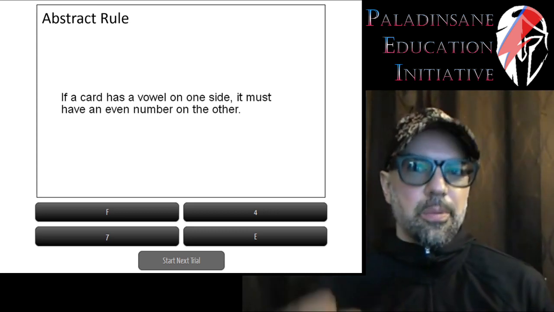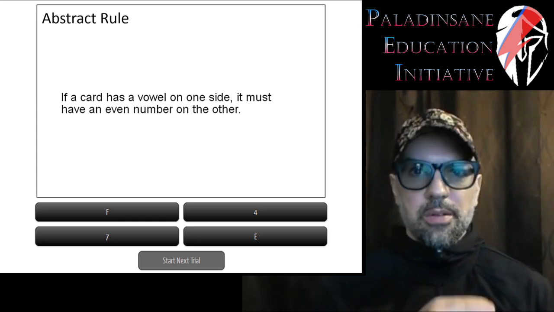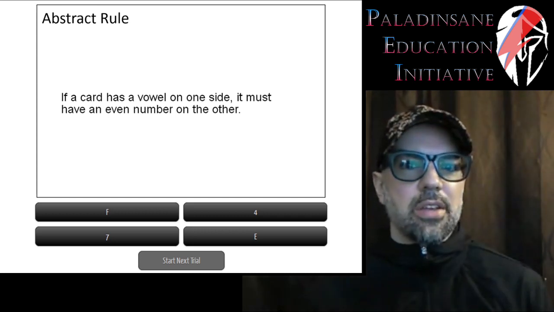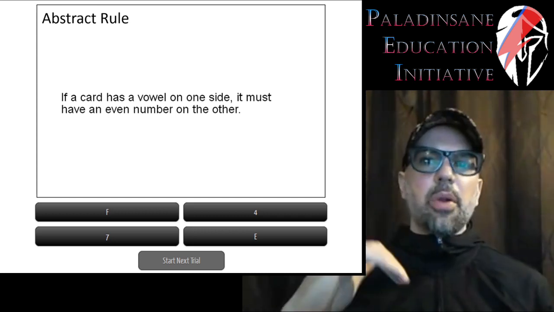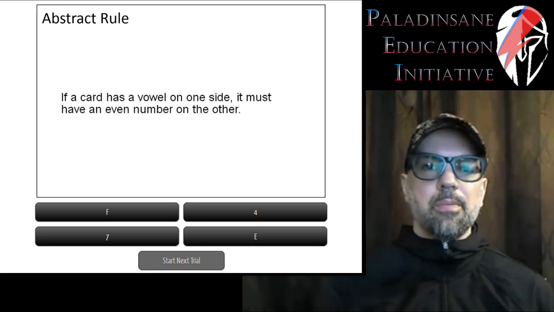So I really need you at this party, because I don't want to get arrested. I need you to make sure that if a card has a vowel on one side, it has an even number on the other side. Can you do that for me? You have probably never encountered that situation. That's what makes this an abstract rule.